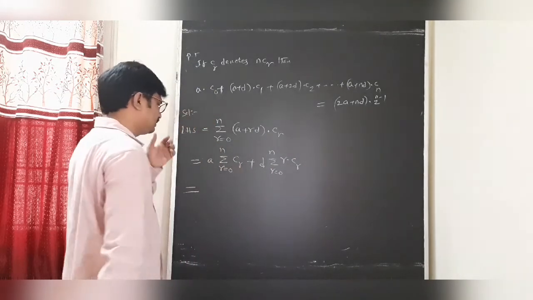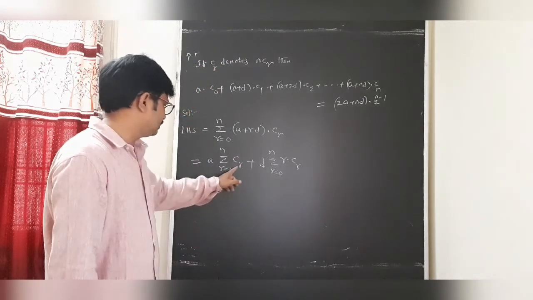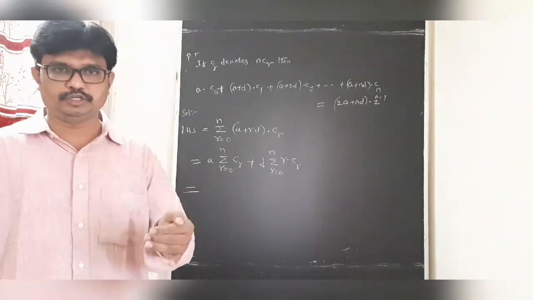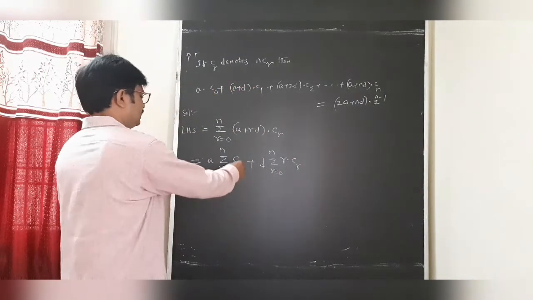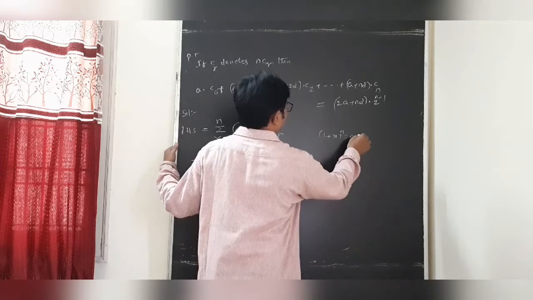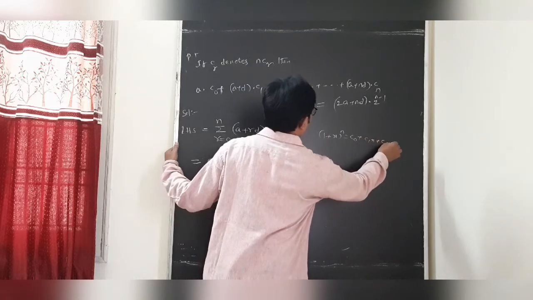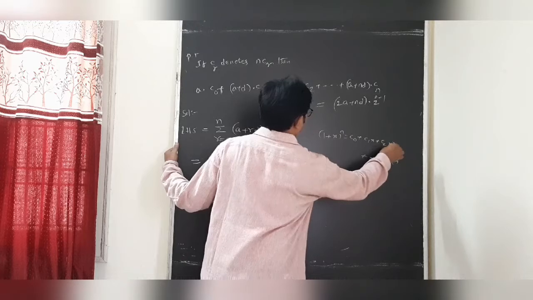My dear students, this is what? Sigma Cr means C0 plus C1 plus C2 plus C3 plus C4 and so on. We know directly that when we are taking 1 plus x whole power n, it is C0, C1x, C2x square and so on, Cn x power n.